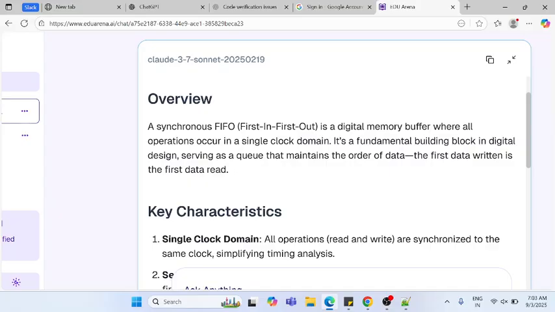FIFO finds its utility very well when the source end and destination end are operating at different clock frequencies, and you want to pass the data without any miss, without any loss. In that case, FIFO is very helpful, because your source block is operating at some frequency and the destination block is operating at some other frequency.